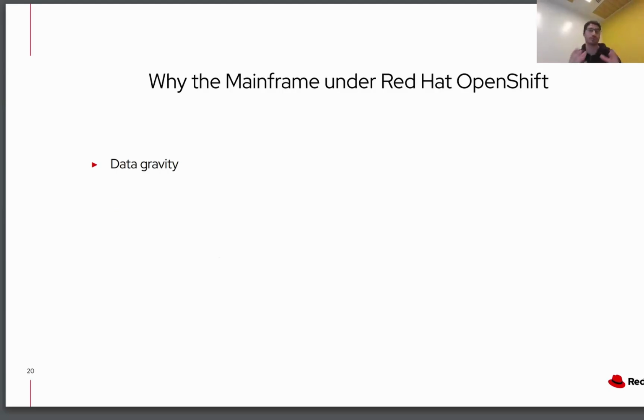If you can co-run the application with your data, then obviously you will get better performance. And in a lot of cases, data are on mainframe. So it would make sense to have applications running there as well. And there is a big aspect in the mainframe space about low latency between helpers, which is not something you would have on x86.